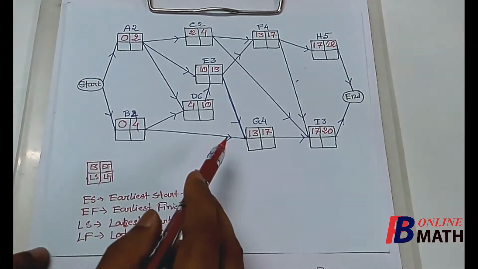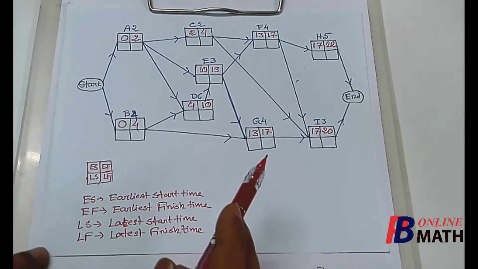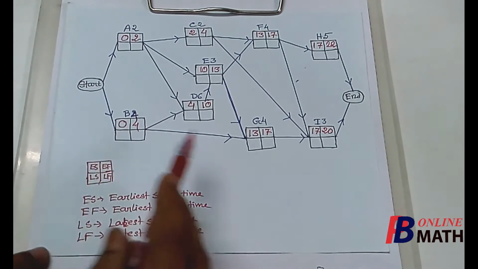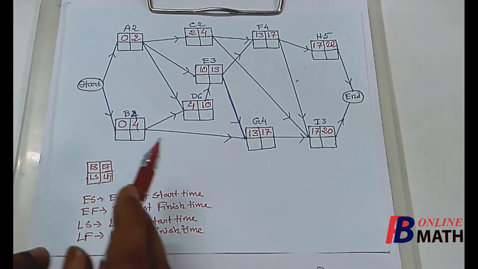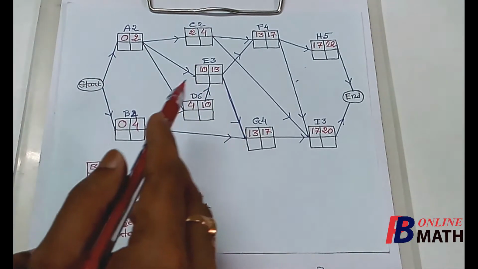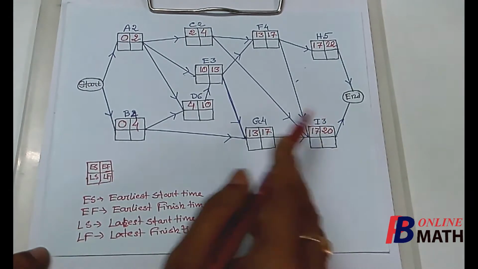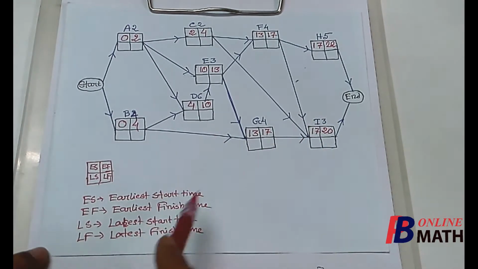So these are the required earliest start time and earliest finish time of the activities. Now this method is called the forward pass, because we have started from the starting node and we have found all the start time and earliest finish time of the activities by forward pass.